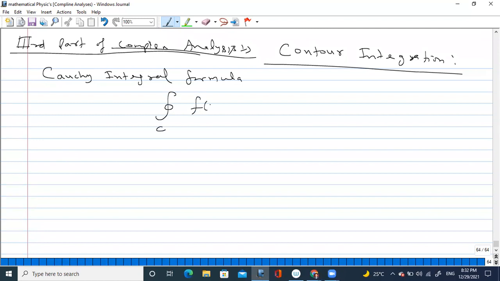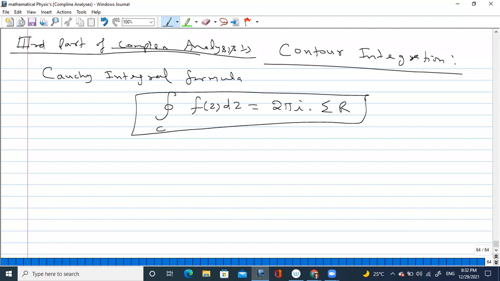This is denoted like this: the integral of f(z) dz will be equal to 2πi times the summation of residues. This formula we know already. Now here I will add some more facts. This symbol gives you the closed integral, and we write C also. This C is for contour. So you can say closed contour integral.